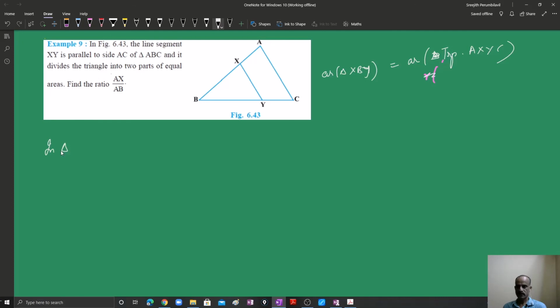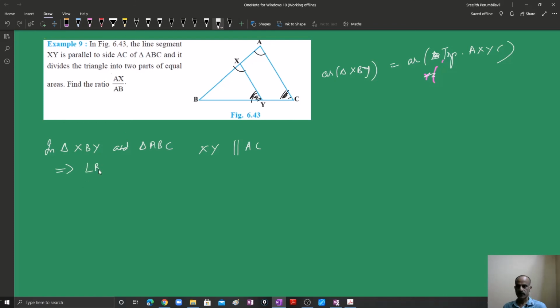in triangle XBY and triangle ABC, XY is parallel to AC. This implies that these angles are equal. These two angles are also equal. Am I right? Parallel. Okay.